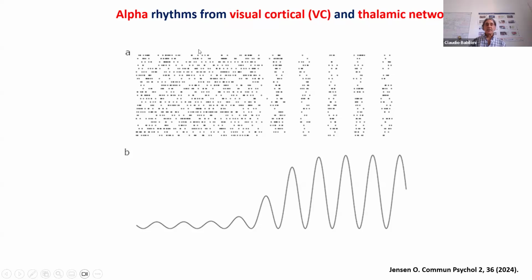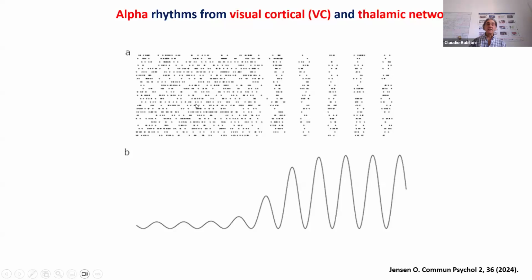And so you see that in the first part of the recording, the different neurons, the different lines show that action potentials, the dots, are not appearing at the same time, are not synchronized in time.